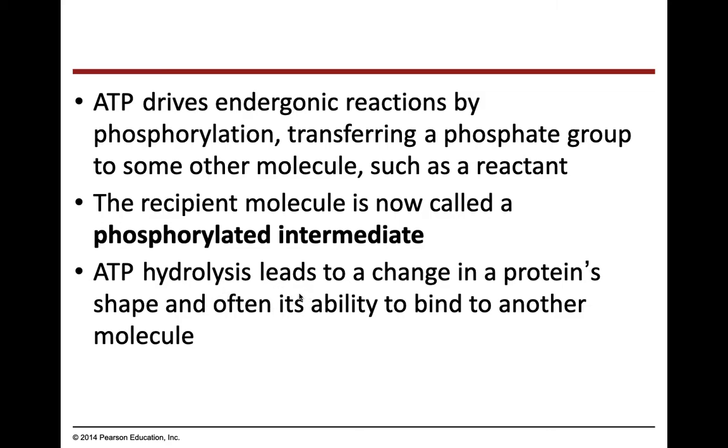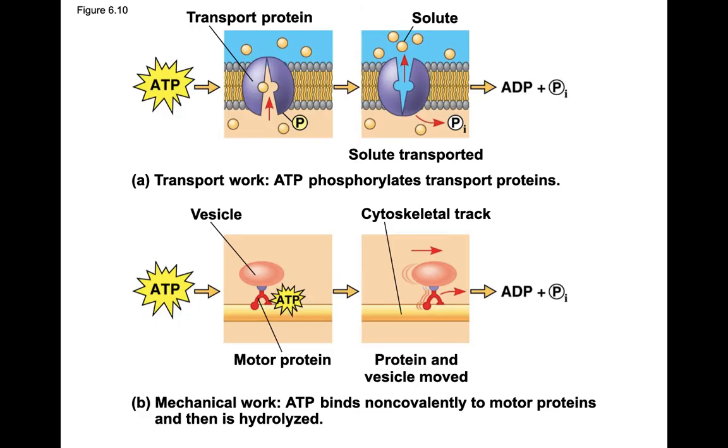And this often is important because the ATP phosphate causes a change in the protein shape, which means it allows it to change its shape, maybe allowing it to bind to another molecule, allowing it to move. Many things happen as a result of that phosphate change.